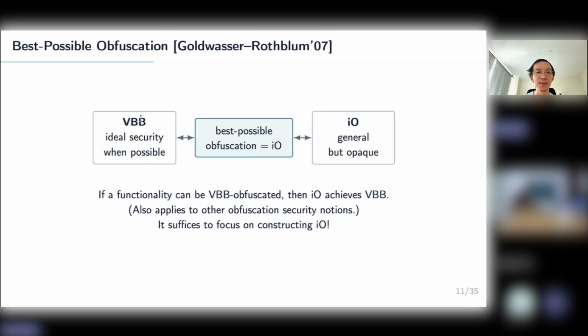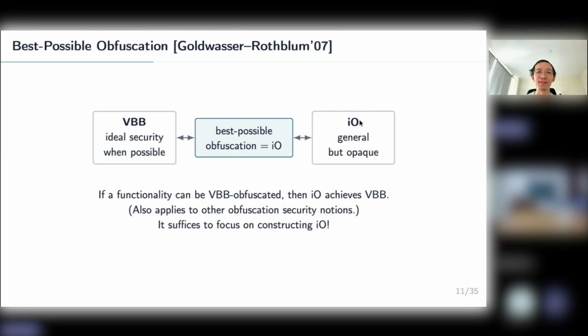So again, VBB is this really ideal security that we would really like to get for obfuscation, but impossible in general. And IO, for those of you that are unaware, is a very general security notion.